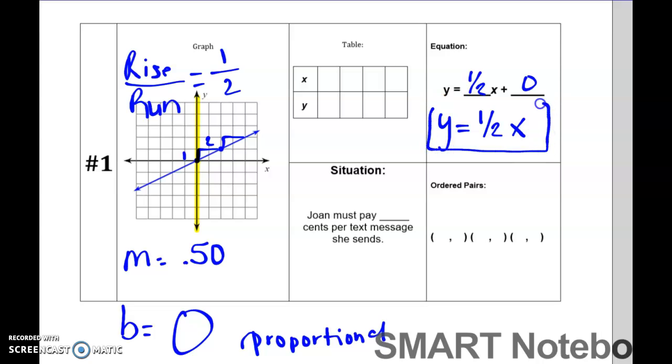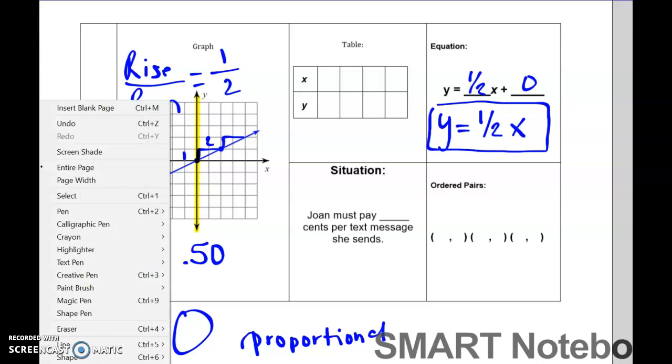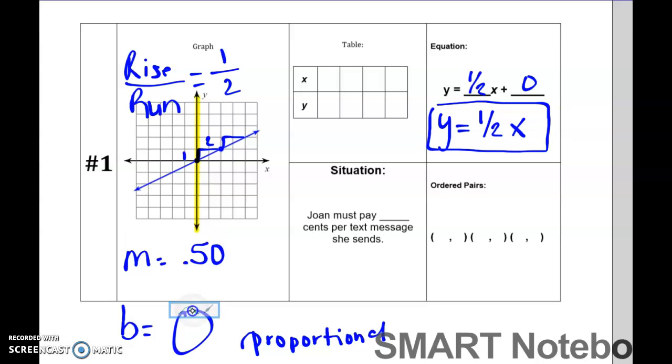That's our equation. Okay. Now, if I'm filling in a table, I'm going to switch colors. If I'm filling in a table, all I'm doing is taking those points that I had selected to find my rise over run and placing them on the table. So my y-intercept is 0, 0. So when x is 0, y is 0.